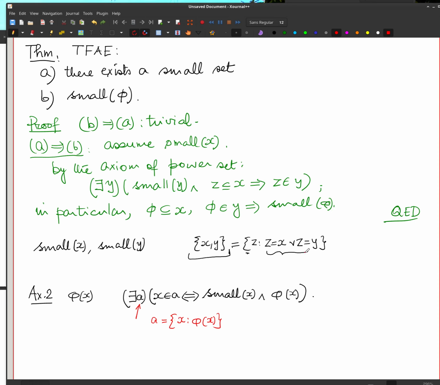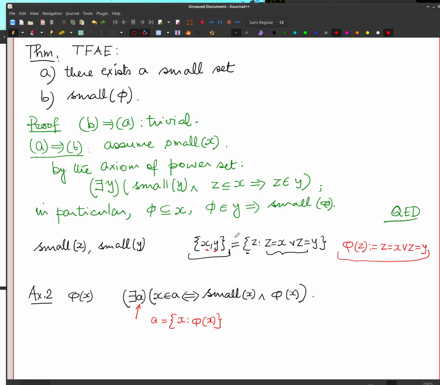So, what is the problem? Here our phi z is: z is equal to x or z is equal to y. Since you have chosen your x and y, once you have chosen them, they are fixed. So this is a formula in which z is the only free variable. So what is this set by our definition, or by axiom 2? This is the set of all those z's where z is small and z is either x or y, and that we agreed to write in this way.